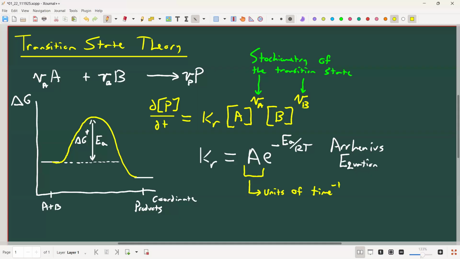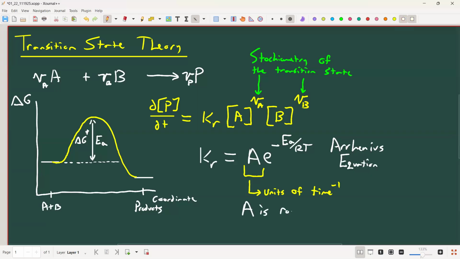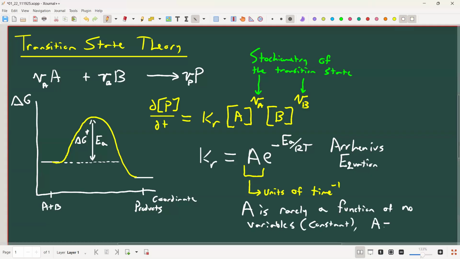And so A, the prefactor, is rarely a function of no variables. Well, a function of no variables means a constant, which is a really complicated way to say a constant. But rather, A is sometimes a function of T and P as well.